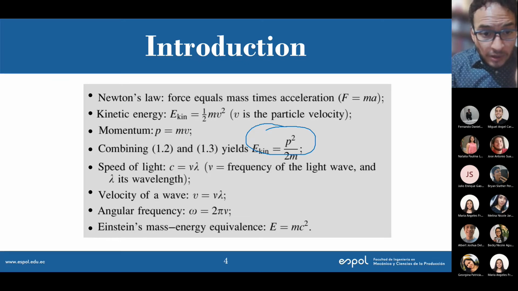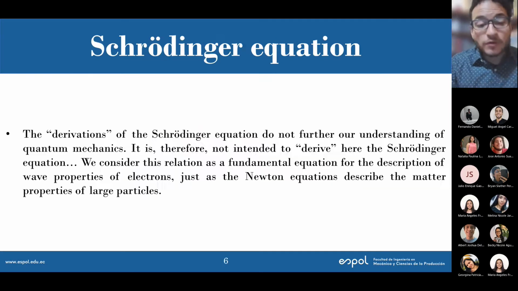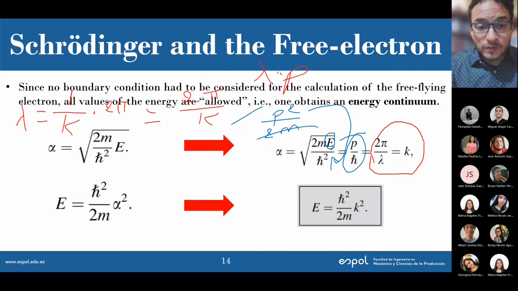No, I forgot to put it, but I might add it once I upload these slides to Aula Virtual. But there is an equation that basically says that the product of the momentum of a wave times its wavelength is equal to the Planck's constant.